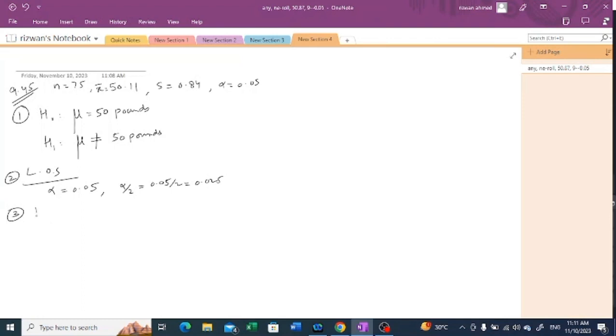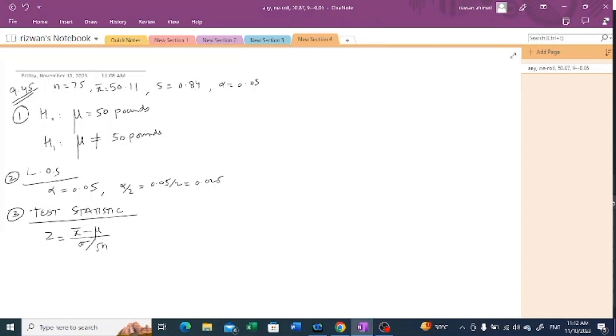Now as the third step, again you can look at the data. We are testing for mu and the sample size is 75, which is large enough for Z to be used as the test statistic. So Z equals x bar minus mu divided by sigma divided by root n. Over here we need to make a correction in the formula, because what we are given in the data is not the population standard deviation this time but the sample.